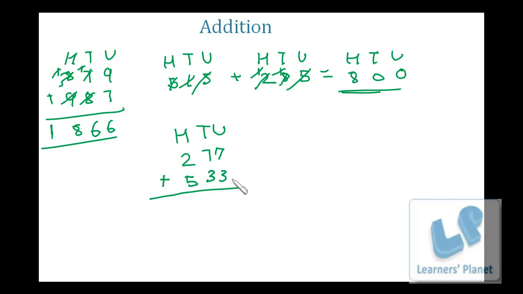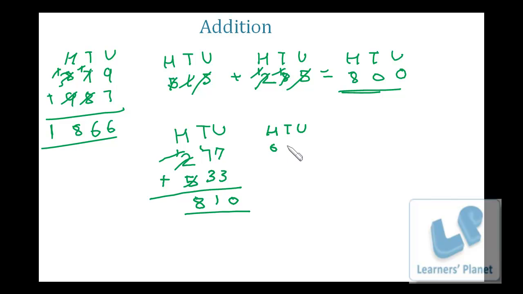Alright, so 3 plus 7 is 10, 0, 1 is carried. 3 plus 7, 10, plus 1, 11, 1 and 1 is again carried. 5 plus 2, 7, plus 1, 8. That is 810.